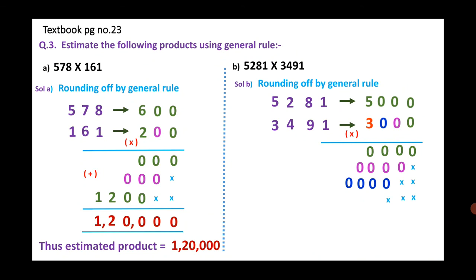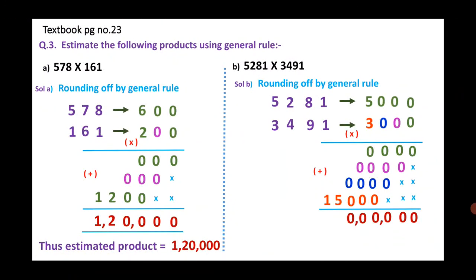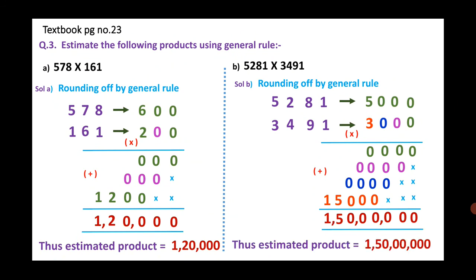Now it is time to multiply with 3. 3 into 0 is 0, 3 into 0 is 0, 3 into 0 is 0, and 3 into 5 is what? 15. So now what do we need to do? Now we need to add. After adding, we will get these numbers. Okay, we get this number, and this is our estimated product.